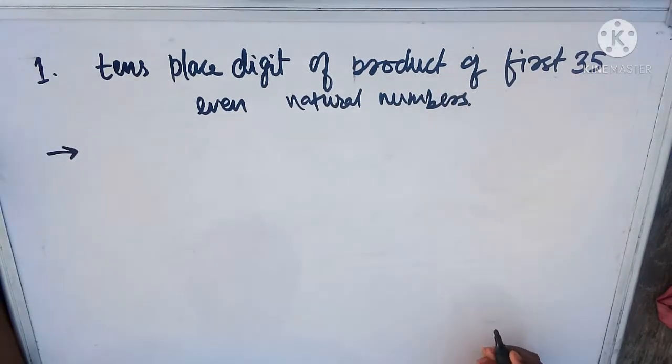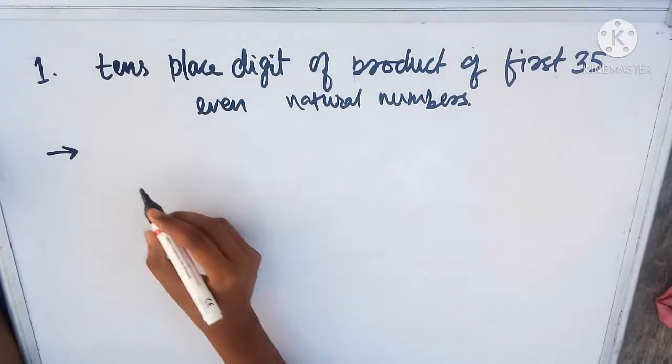To write all the even natural numbers and then make the product of all of them is a lot of lengthy process. So here we will see the shortcut method to find the first 35 even natural numbers product.